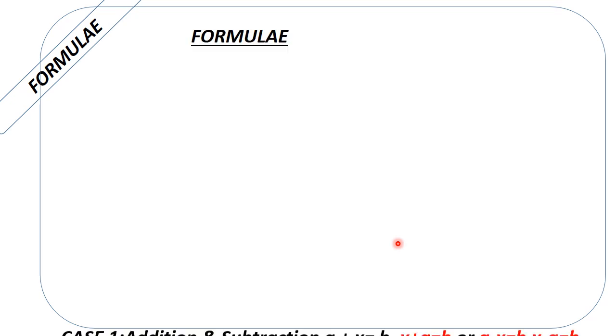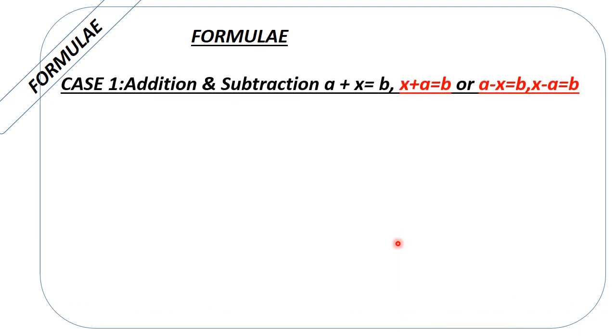So we're going to start with case 1. Case 1 is a case that has addition and subtraction. So usually there is a variable, then there is plus or minus, then there is a number or another variable, and of course equals to something else.